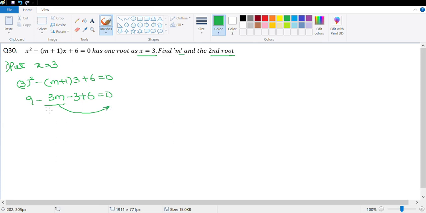So that's 9 minus 3, which is 6. 6 plus 6, that's 12. So 12 is equal to 3m, which means m is equal to 4. So we've got the first part of the question. The value of m is 4.